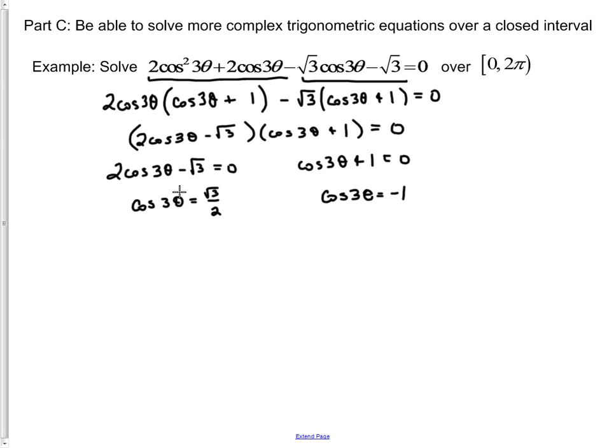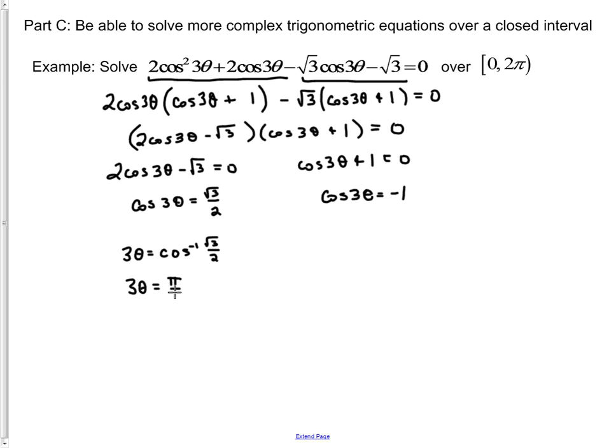Well, we have to isolate 3 theta right here by taking the inverse cosine of radical 3 over 2. And we know that the inverse cosine of radical 3 over 2 in quadrant 1 is pi over 6.